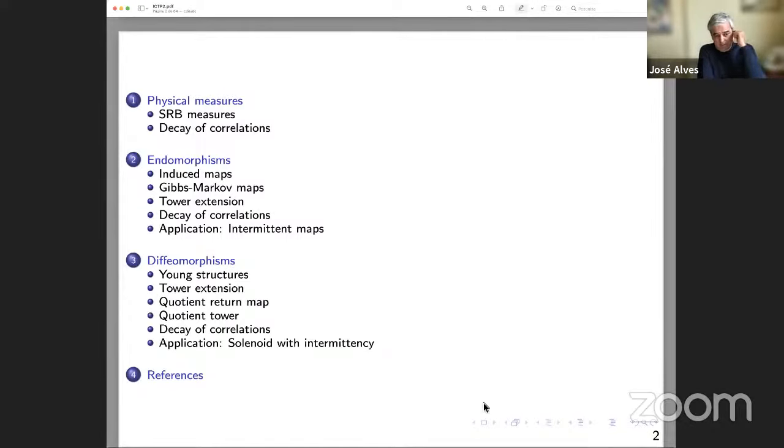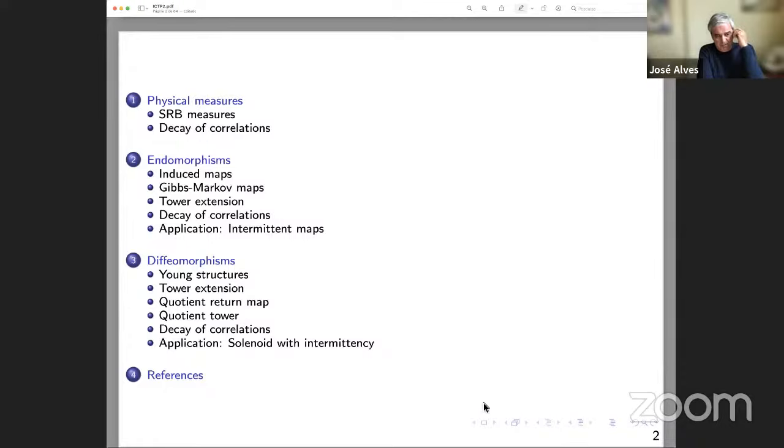In particular, when we consider smooth dynamical systems and the reference measure for the Gibbs-Markov map is Lebesgue measure, then they give rise to SRB measures, or absolutely continuous measures with respect to Lebesgue. Then we use a tower extension to deduce decay of correlations, and we apply that to a family of intermittent maps in two situations, one an interval map, the other a circle map.